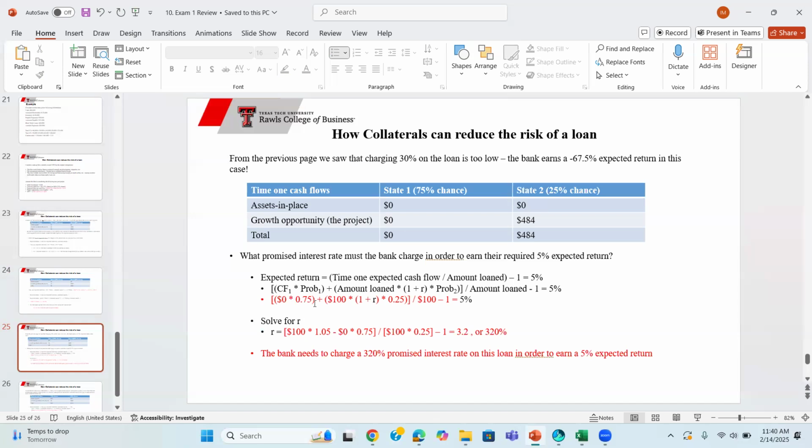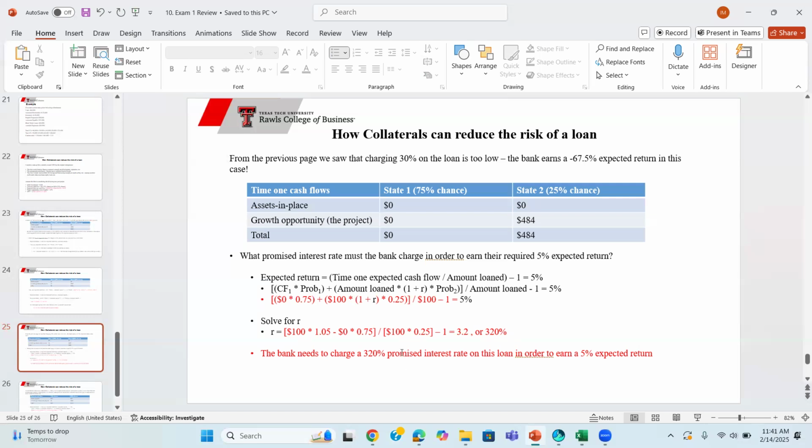So you can just do some algebra, the equation, with the left hand side, and then you get the equation for r. You move all the calculated values to the right hand side, do the calculation, and you get 3.2, or 320%.